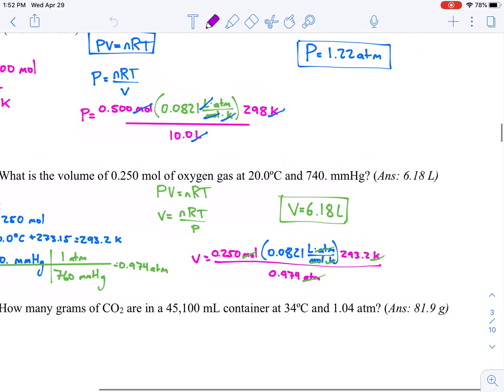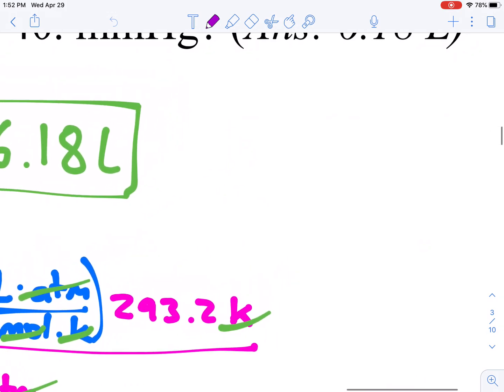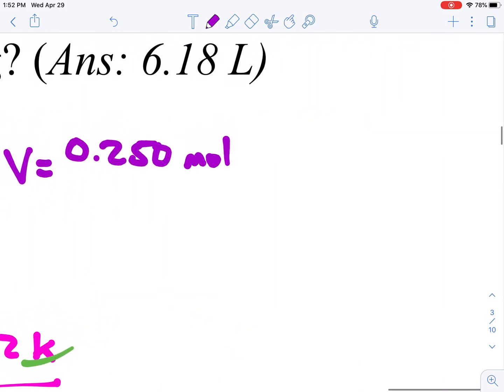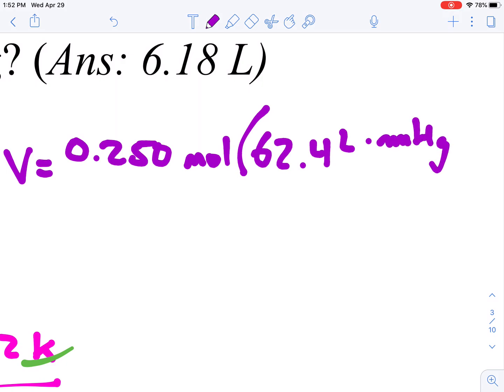When we had V equals nRT over P, we could have plugged in our moles, which was 0.250 moles, times that R value, which was 62.4, liters times mmHg over moles times Kelvin.